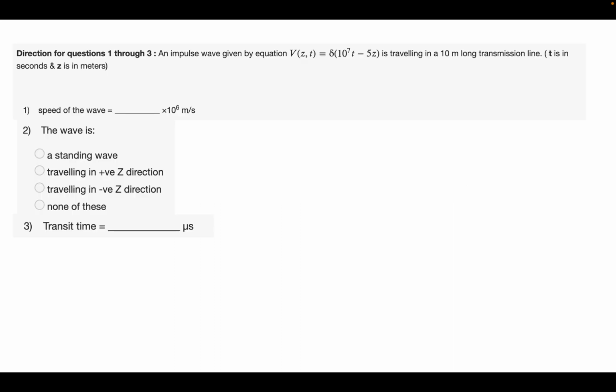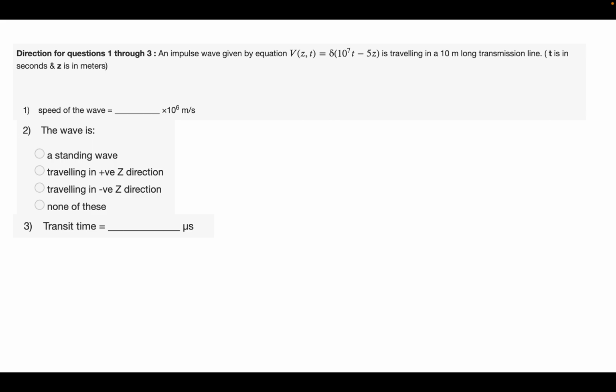So here is the first problem. It was question 1 of assignment 2, where an impulse given by the equation v(z,t) is equal to some function of t and z, and it's traveling on a 10-meter long transmission line where t is in seconds and z is in meters. There were three parts to the problem.